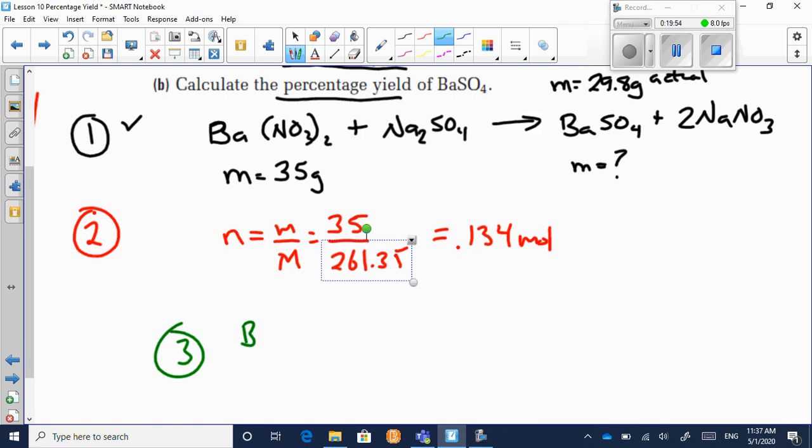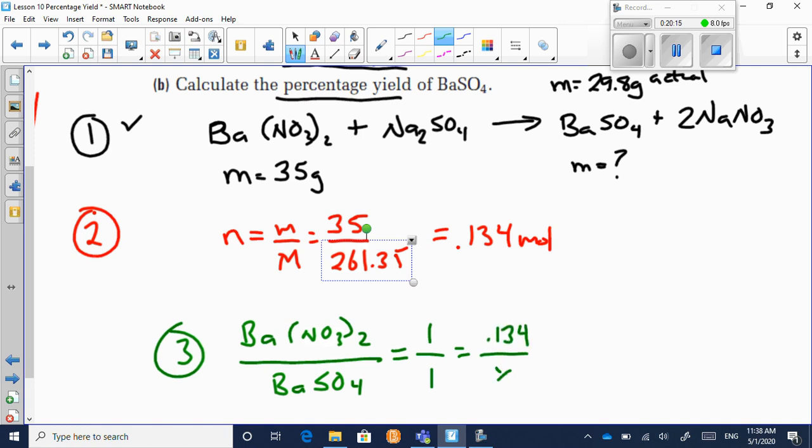So the ratio of barium nitrate to barium sulfate. That's what I'm trying to go from, this reactant to that product. So here we go. It's a 1-to-1 ratio, which is obviously a nice one. So look, it's 0.134 to X. That's my unknown.